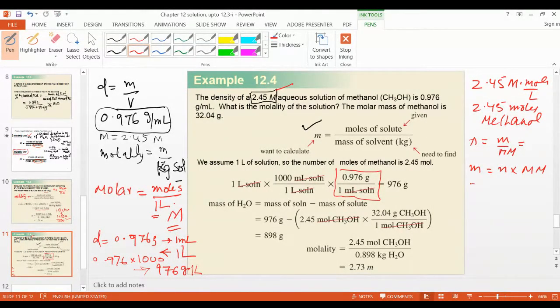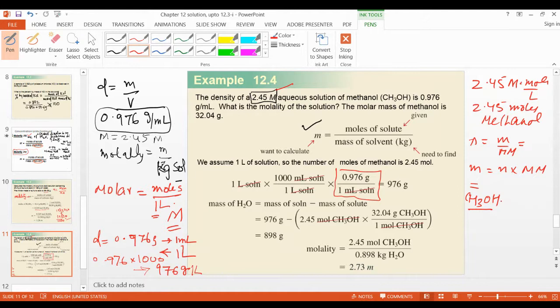Methanol is a small quantity and water is a big quantity, so methanol is the solute and water is the solvent. We calculate the mass of methanol, and the total mass of methanol plus water is 976 according to the density. So from 976, subtract the mass of methanol, then you will get the mass of the solvent.